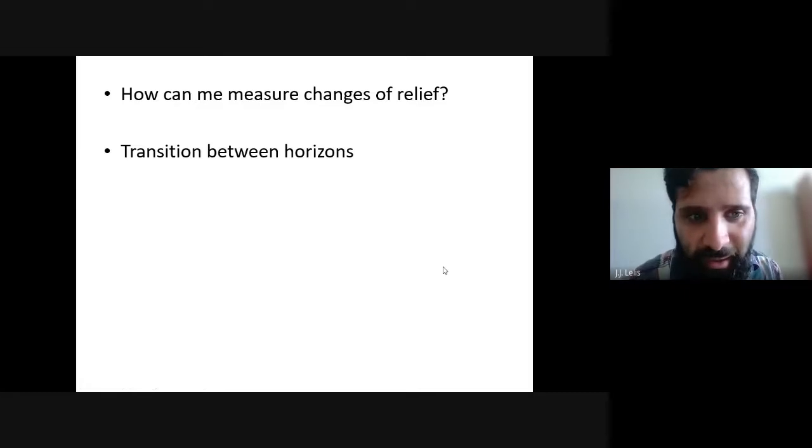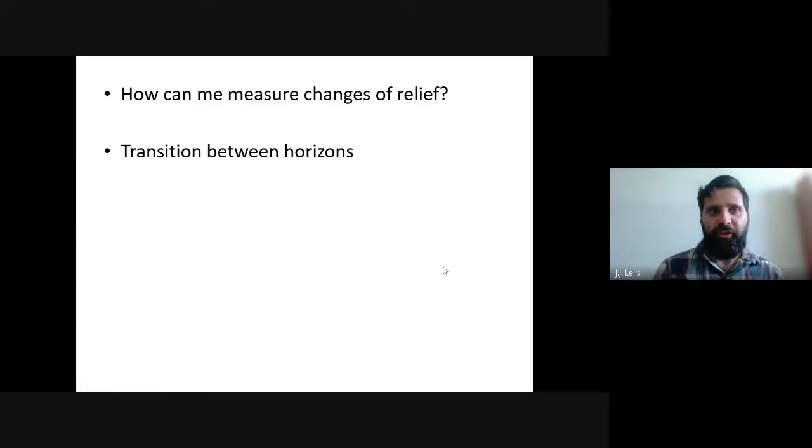In the last class, we finished discussing how we could measure changes of the relief, topographic changes, in soil. And we discussed that the transition between horizons is very important because, especially the surface horizons, they are always formed in a parallel condition to the surface.